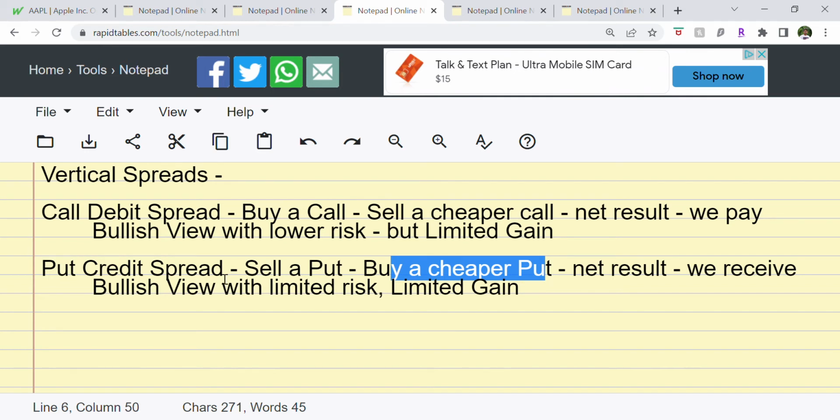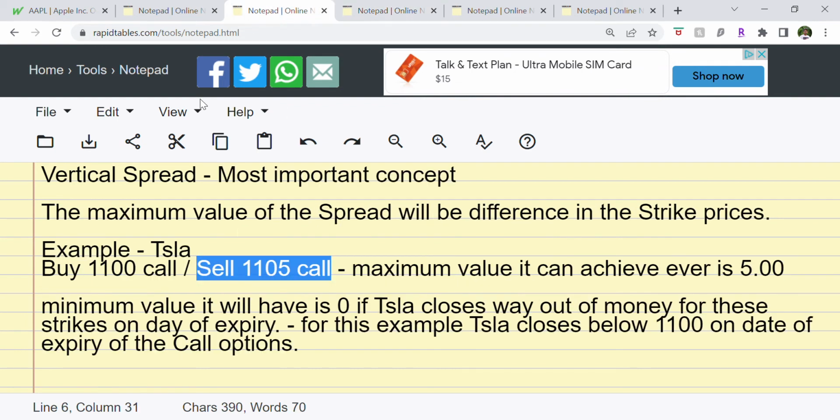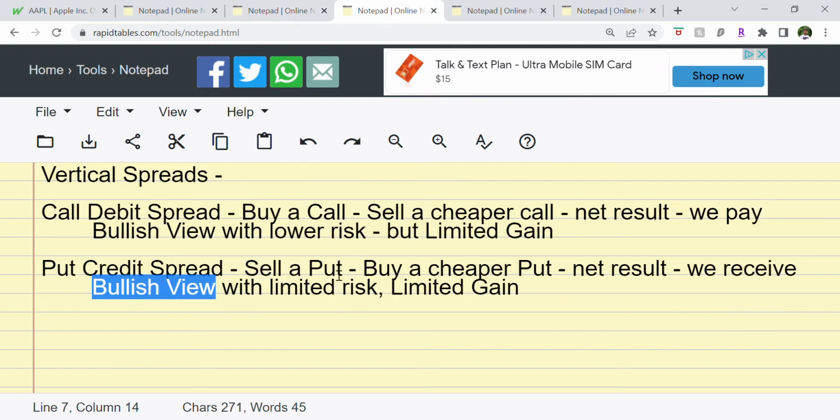I have kept these two examples together because both of these examples are of bullish view. If we talk in terms of Tesla, we think Tesla will rise. So instead of taking this particular call, we can also sell a 905 put, which will be expensive, and buy a 900 put.